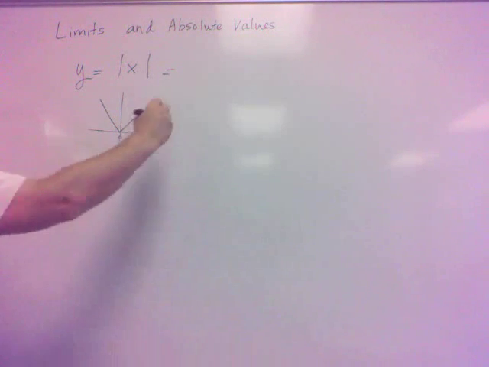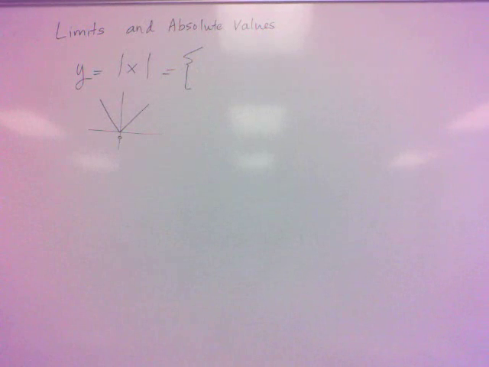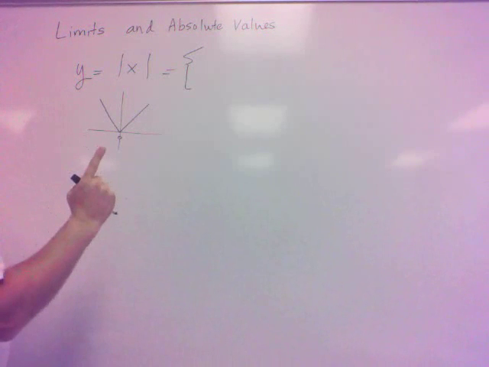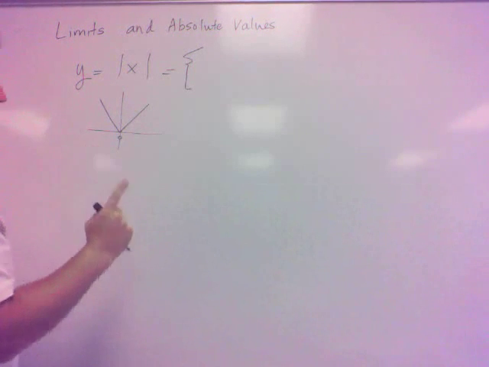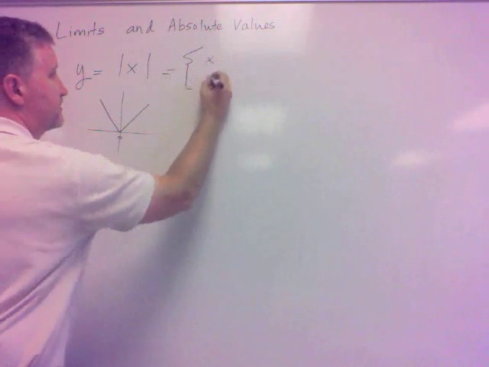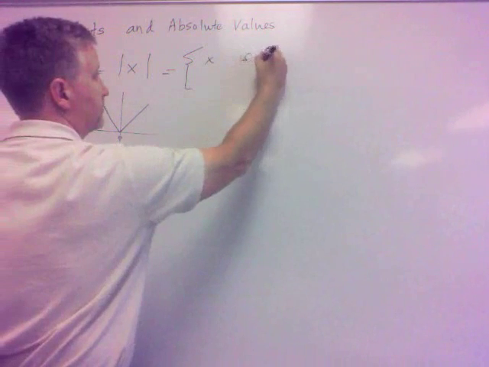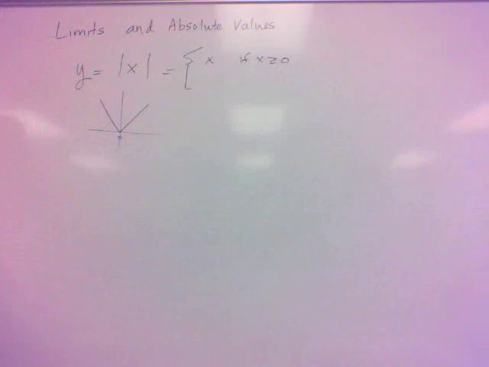But here's what we can do. I can actually rewrite an absolute value as a piecewise defined function. Two pieces. The first piece, let's go with the easier piece here. The first piece is the y function can be described just as x, because when x is greater than or equal to 0, doesn't your absolute value just equal the number itself?